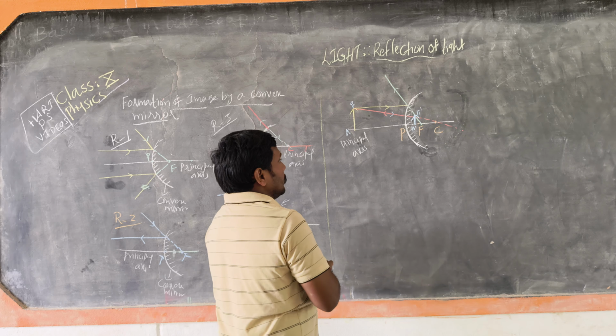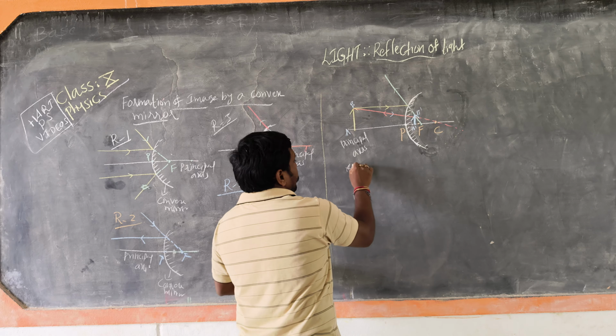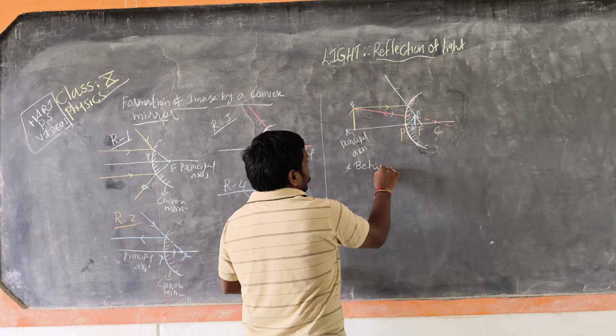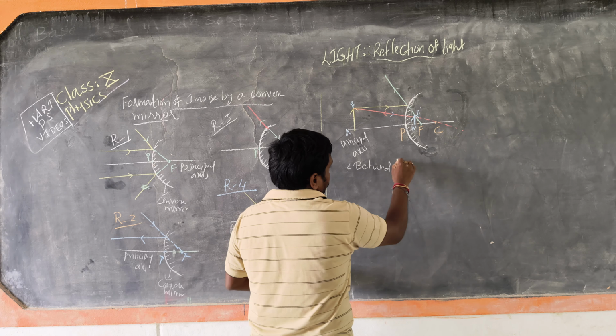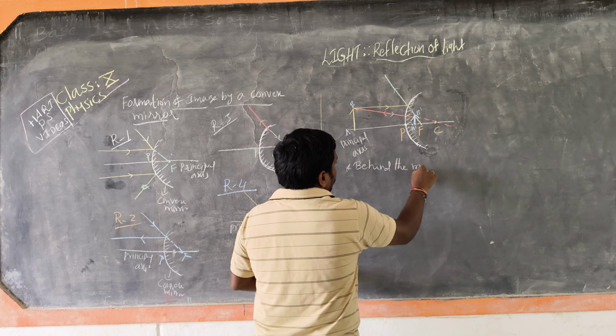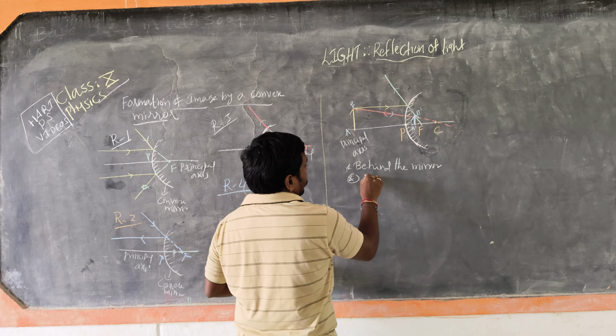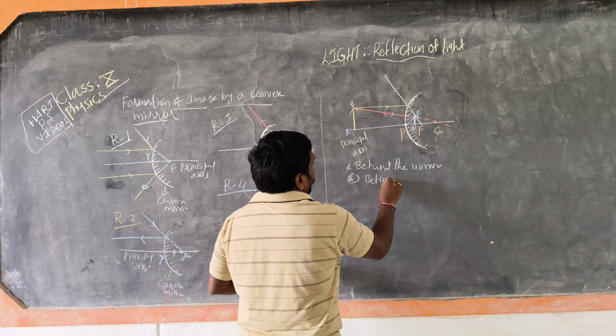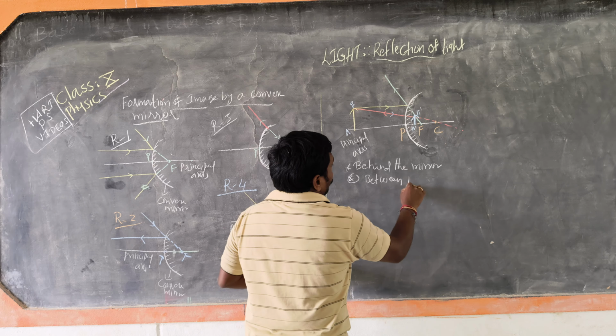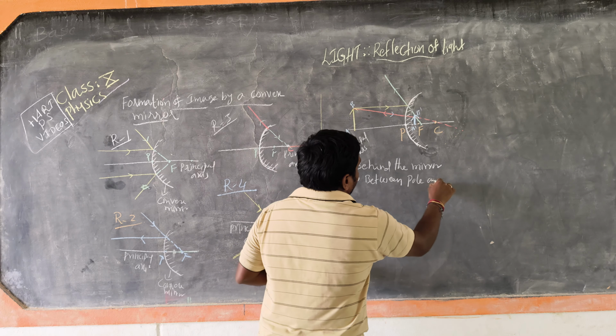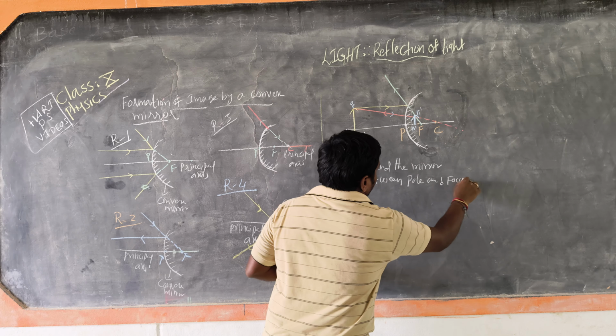So where is the image formed? Behind the mirror. As for its position, the image is formed between pole and focus.